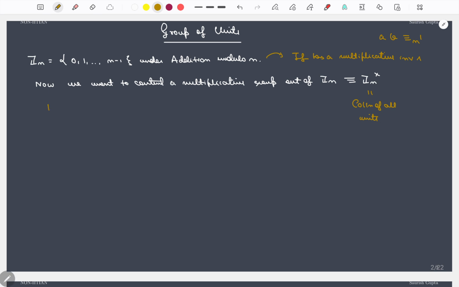Suppose I have ab congruent to 1 modulo n, and suppose cd is congruent to 1 modulo n. What can I say about ac? I can first take d, so by associativity cd is congruent to 1 mod n, then I can take b, so this will be congruent to 1 modulo n. So it's obviously closed, right? The product of two units will still be a unit.